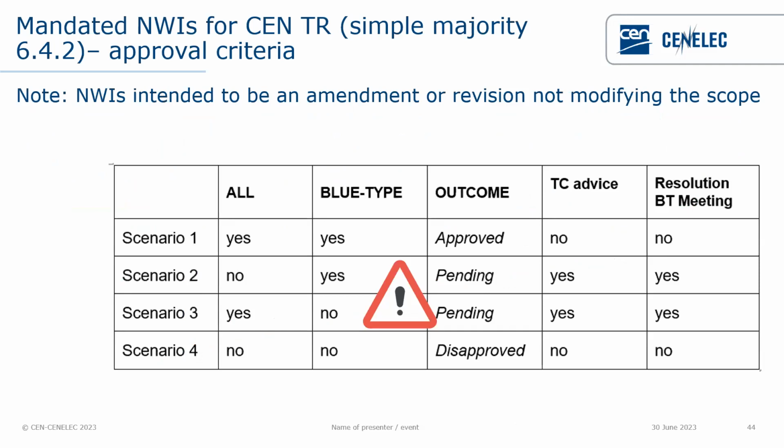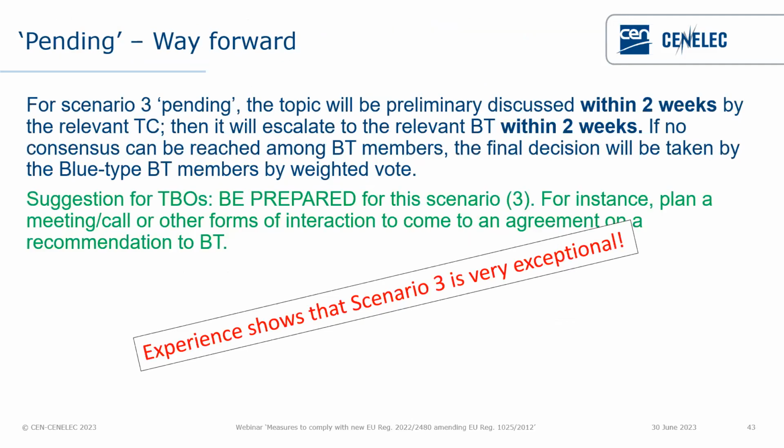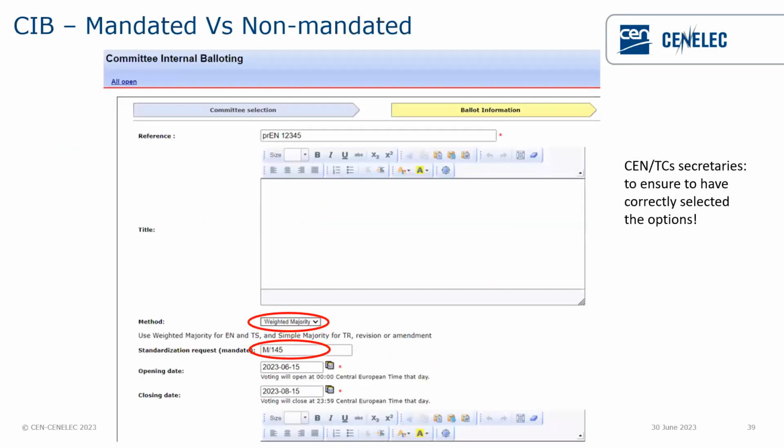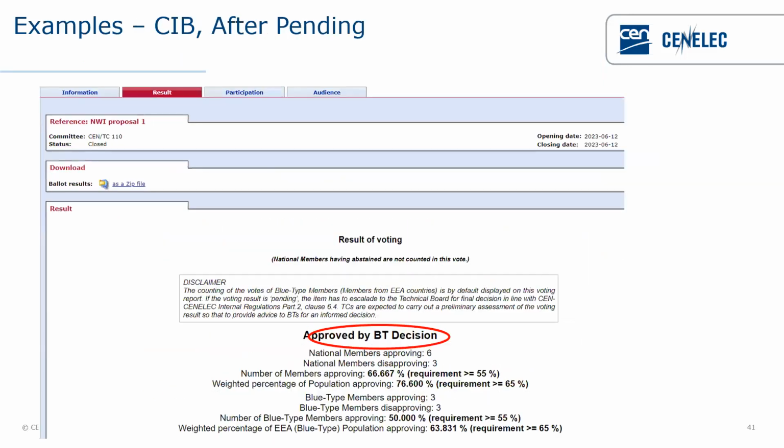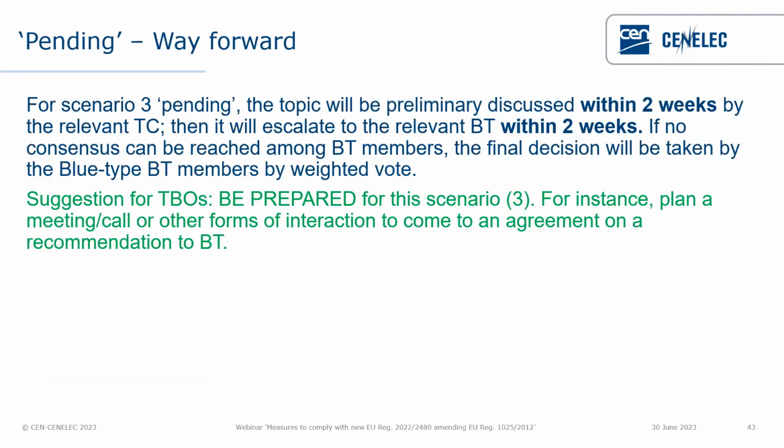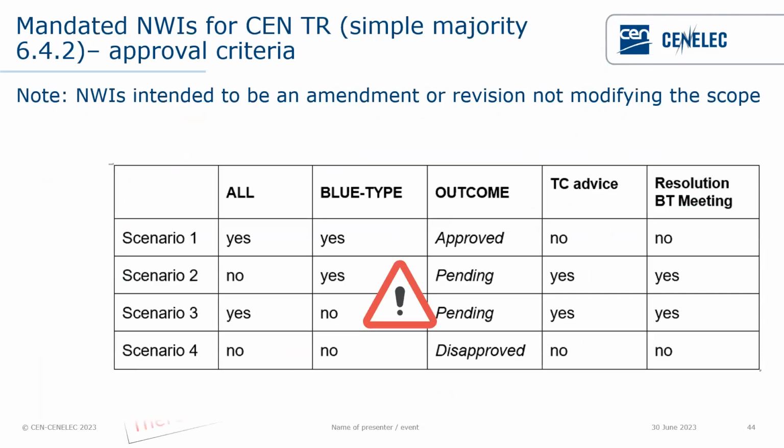So the TC secretaries have to pay attention to select simple majority here on the CIB. So this menu. Of course, if mandated, you need to add the information in the field standard request or mandate.